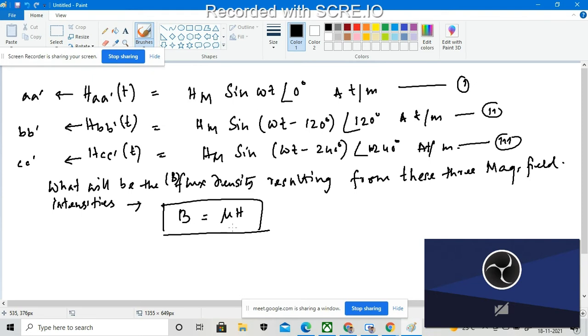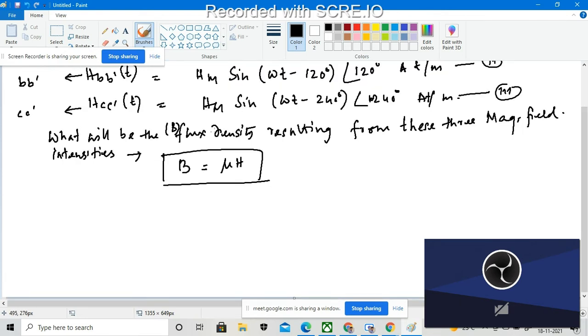Yes, sir. Okay, you remember this, you studied it in Machine 1, in DC machines also, so the equation is there. Okay, so this will be my generalized equation for the magnetic flux density. So for the three coils, what will be the magnetic flux density at coil A dash?